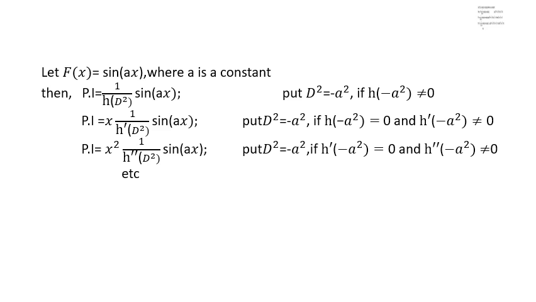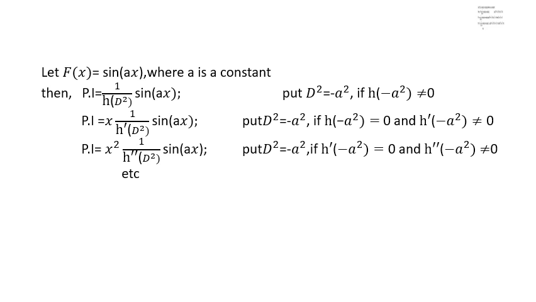So in this formula, put D² equal to minus a², if h dash of minus a² is not equal to 0. h dash of minus a² not equal to 0 means that the denominator is not equal to 0 when putting D² equal to minus a².